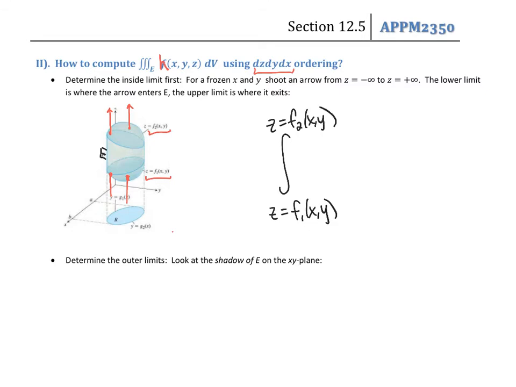And my integrand is just going to stay the same here. And so this integrand could represent, for example, density, or it could represent temperature on that region if I was trying to find something like the mass or the average temperature. And here's dz. Okay, and then let's say we were going to do dy dx.